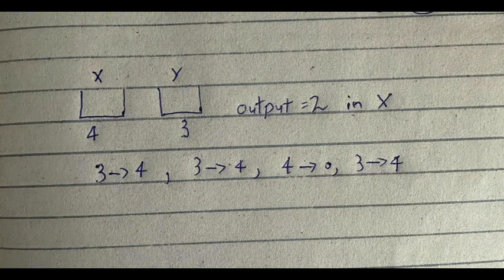First of all, we're going to completely fill jug Y with 3 liters of water because that's its capacity, and then we're going to pour it into jug X, which has 4 liters.